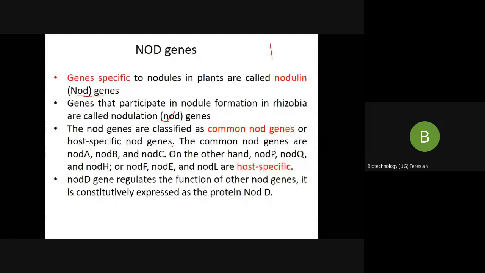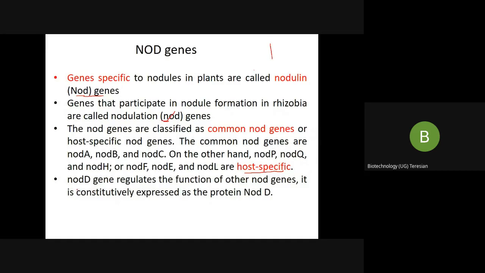The common nod genes are A, B, C. Always remember this, as it has come as a CSIR question. Which are the common nod genes? Your common nod genes are A, B, C. On the other hand, we have other nod genes like P, Q, H, F, E, L. These are all host-specific nod genes. Who is your host? My host is the plant.